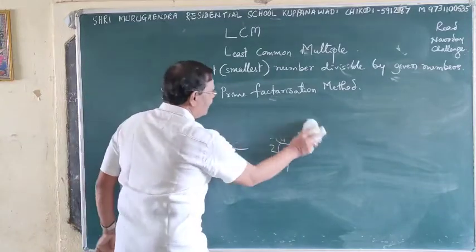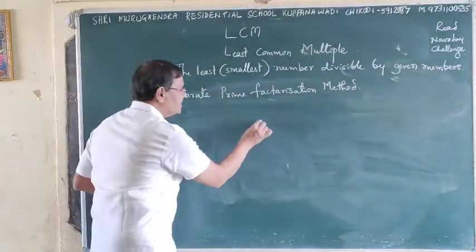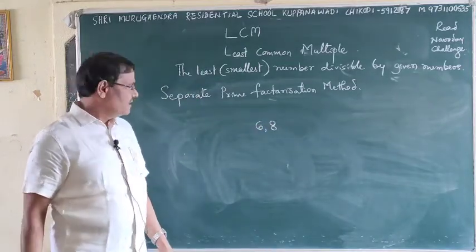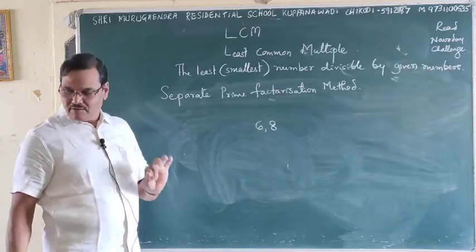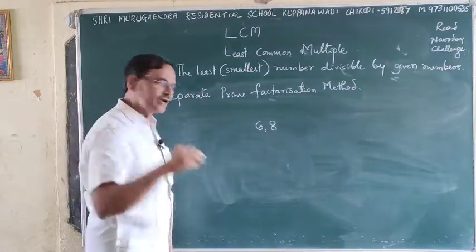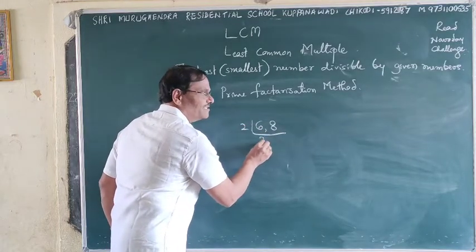Now, another method we have to learn, that is 6 and 8 should be written here, and finding the prime factors of both. Okay, see, 2 3s are 6.